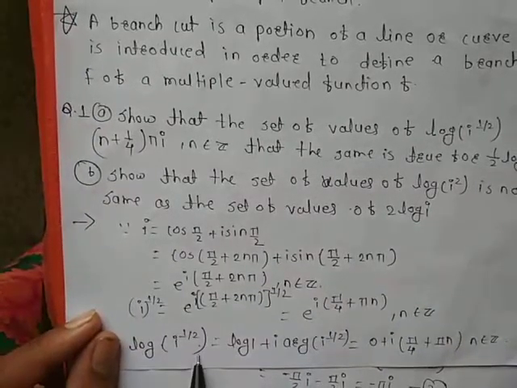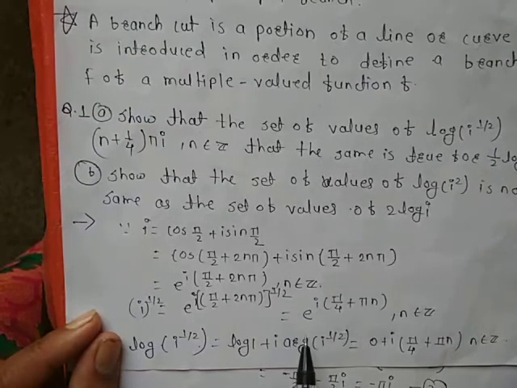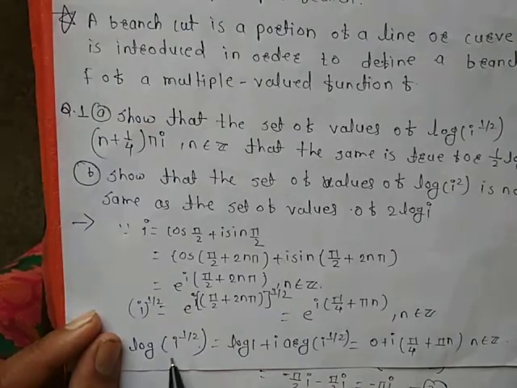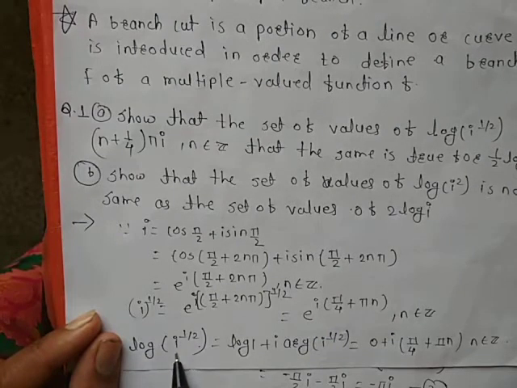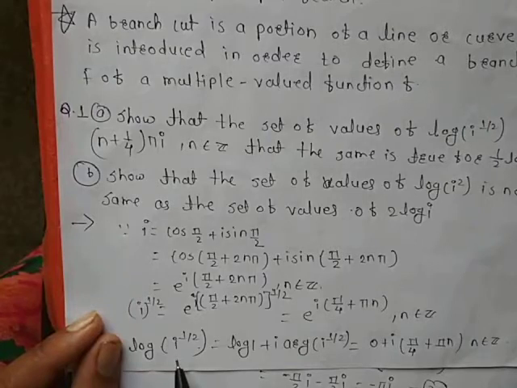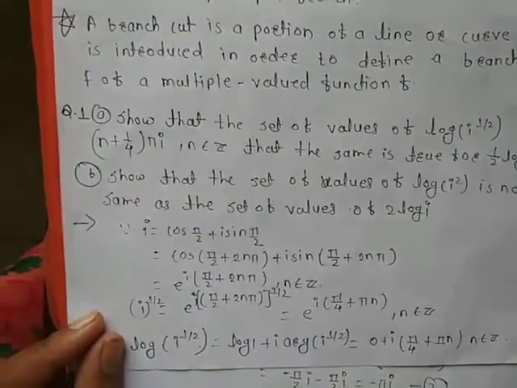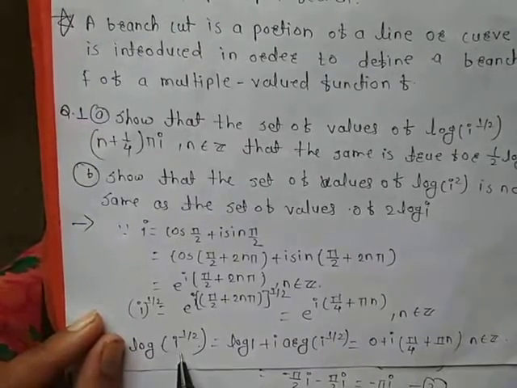We will represent log z in the form of log r plus i into argument of z. So here z is i raised to 1 by 2.